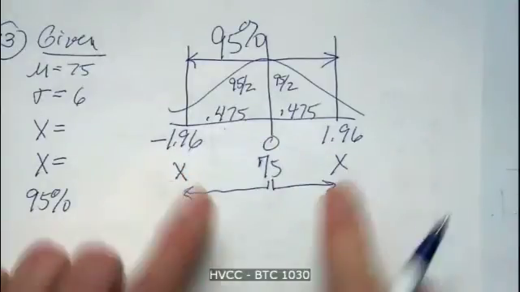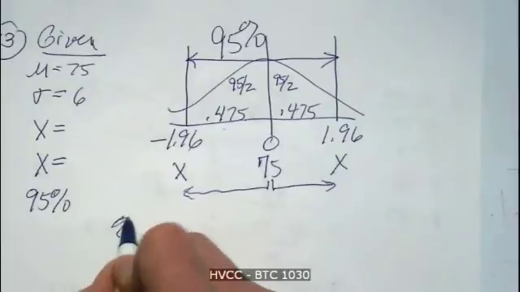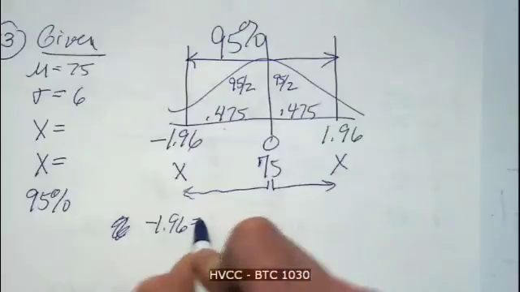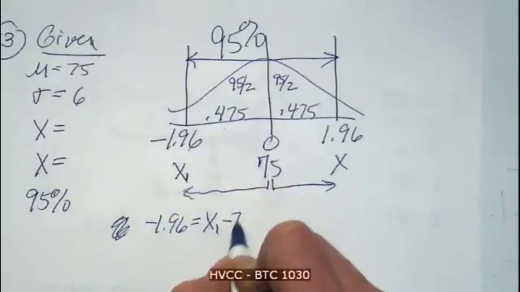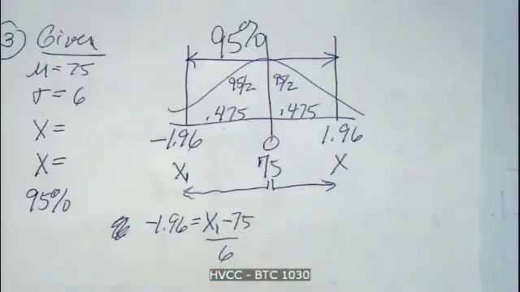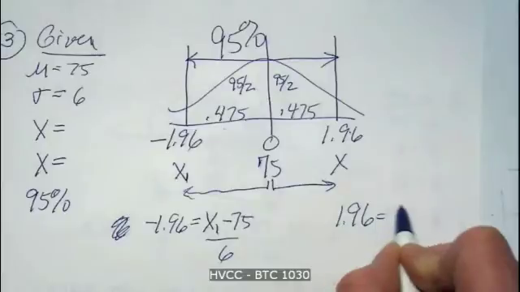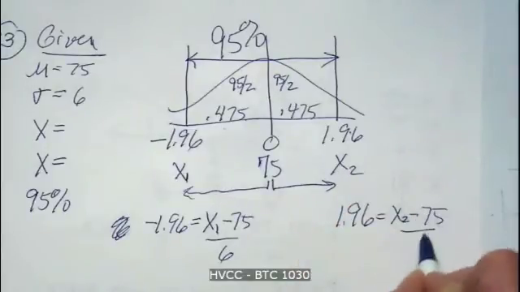Since I'm looking for 2 x's, we have to calculate two of them. So we have a Z of negative 1.96 equals X, we're going to call this X1, minus 75 over 6. And we have a positive 1.96 equals, we'll call this X2, minus 75 over 6.